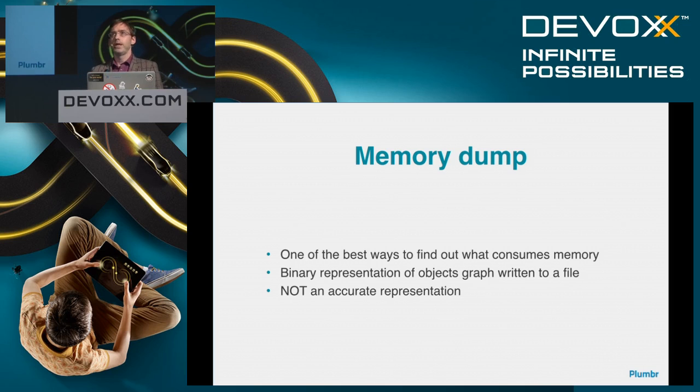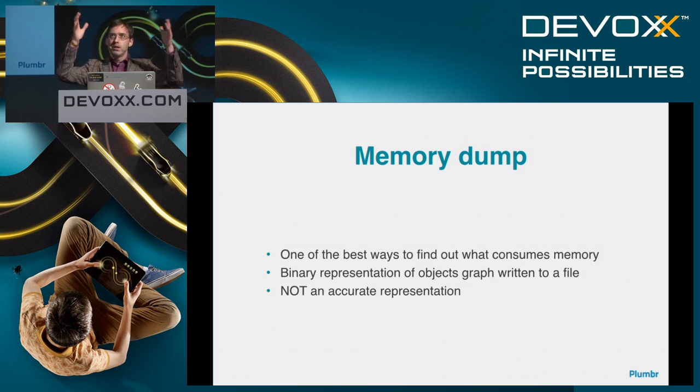The best way to solve a memory leak is, of course, to use some specialized tool I have promised not to talk about today. But the second best way to solve your memory leaks is to take a memory dump. A memory dump is just a binary representation of the heap.